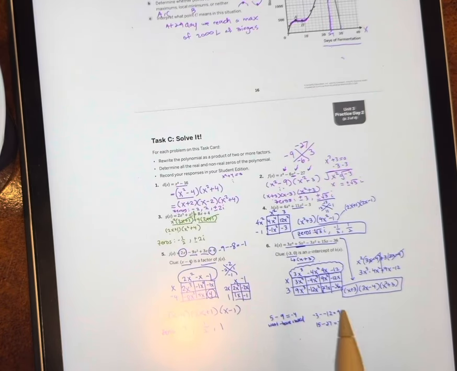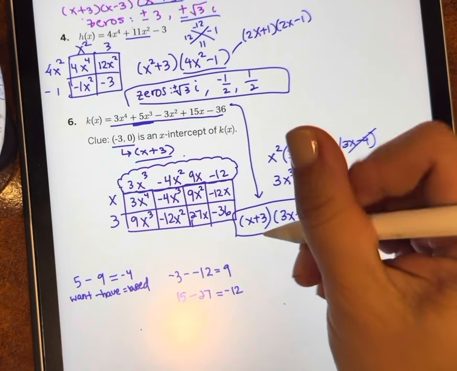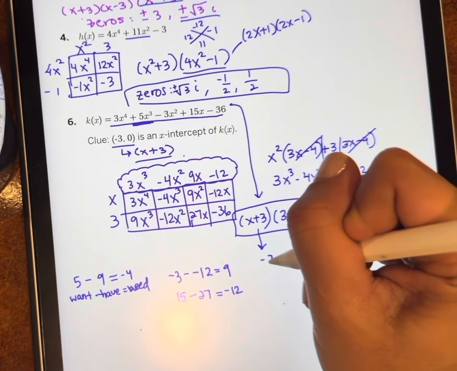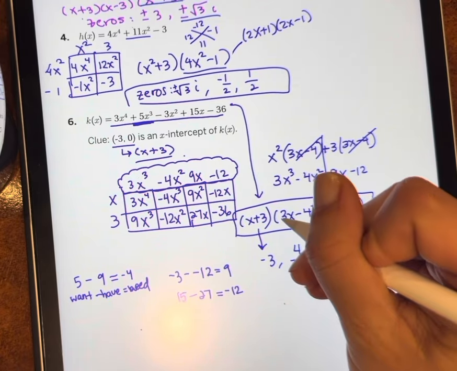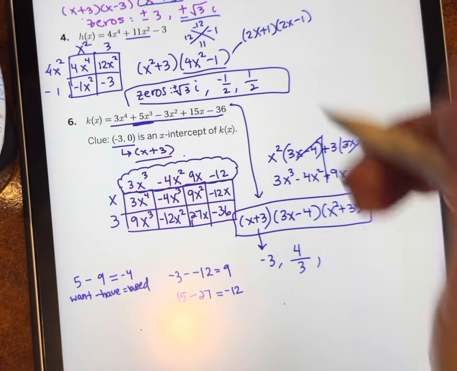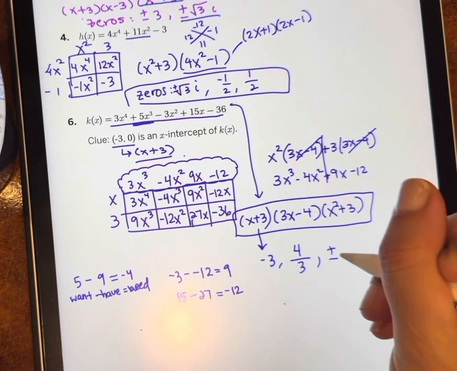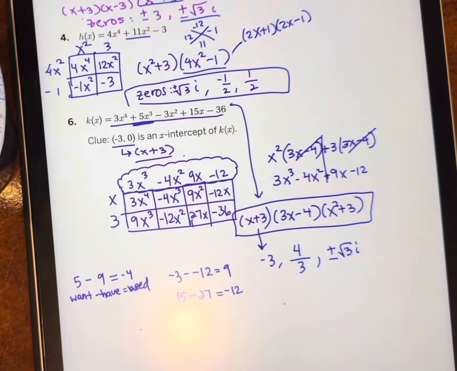I just remembered that's what they asked me to do, yeah. Then now we can get the zeros. So negative 3 is 1. The opposite of that divided by that is another one. And this is the same one that keeps popping up with the plus or minus root 3i, all right? We did it earlier, twice.